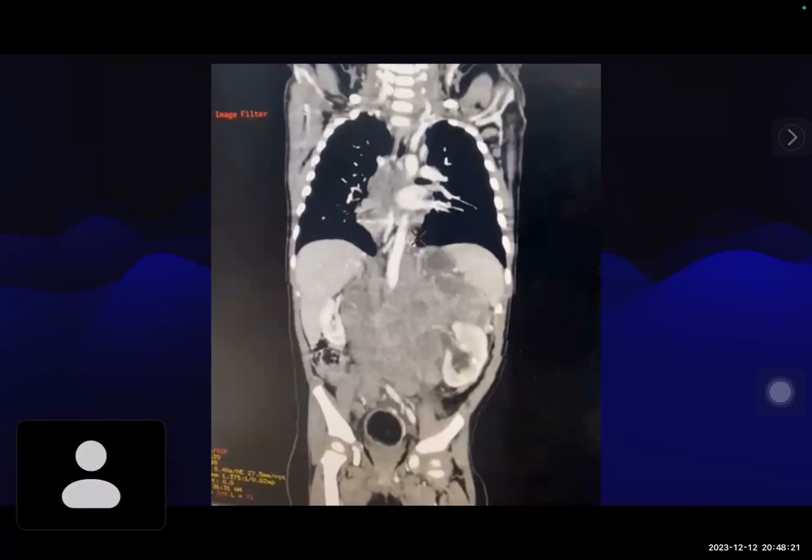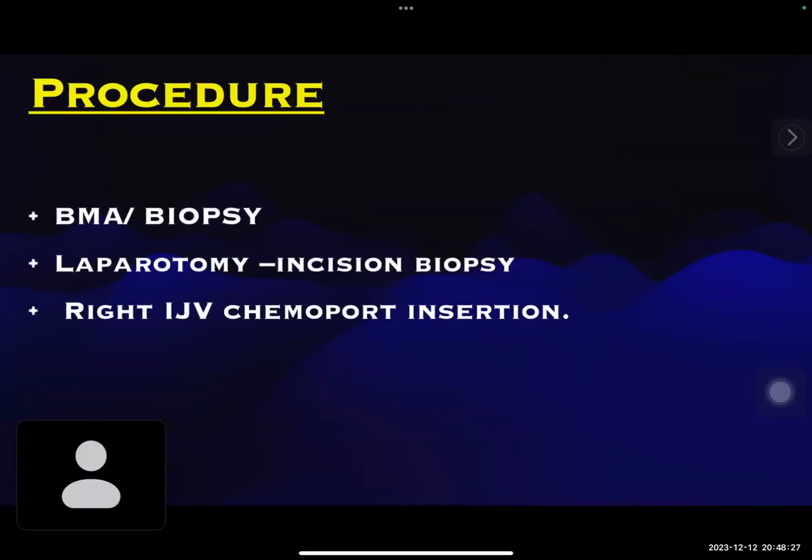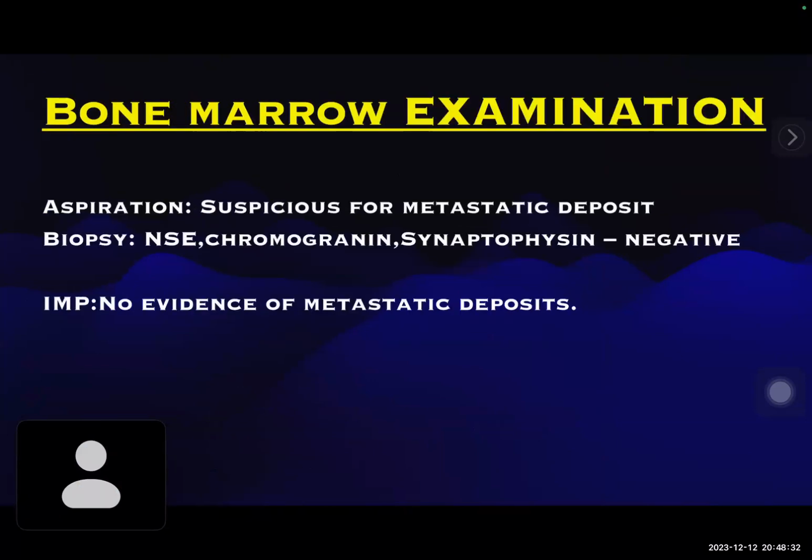Do we have the report? Yes, ma'am. Metastatic deposits. Okay. Yes, NSE is negative. There is no evidence of any metastatic deposit that they have reported. Okay. So what about the biopsy report from the tumor?